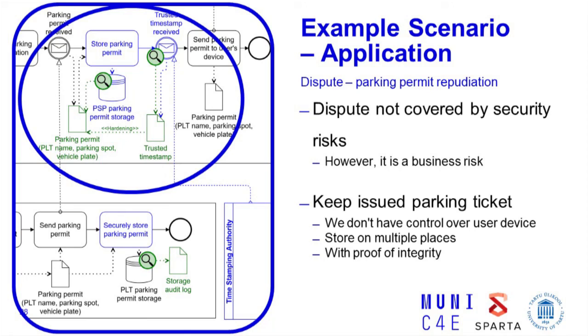And then we choose to make the permit in two locations, which will be harder to falsify, and again keep the integrity hardened as in the previous case, and you can see it up here.